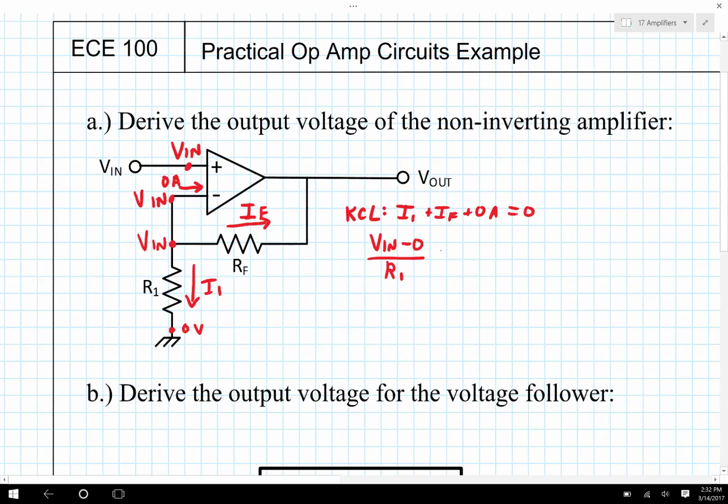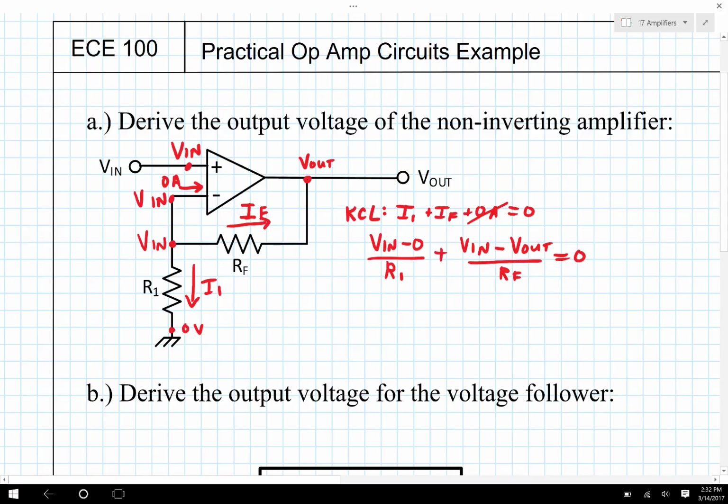And then I sub f, well, that's the voltage at the origin side, so that'd be Vn minus the voltage at the destination side. Well, that's over here, that's just V out, right? Because that's where the voltage output is taken. So Vn minus V out divided by Rf, and I can omit the 0 amps, this is equal to 0.